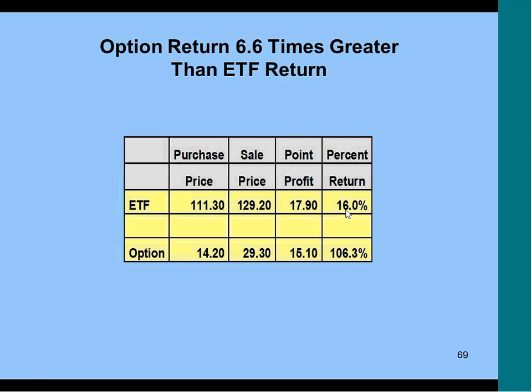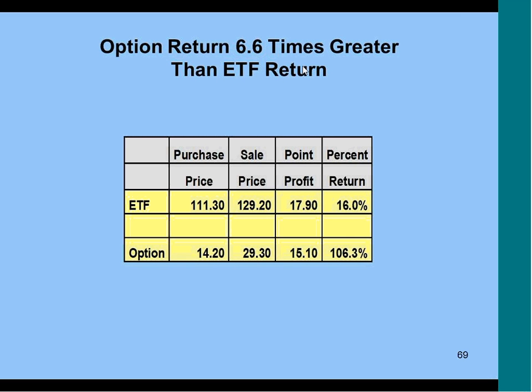So the leverage the option provided was about 6.6 times the leverage that you would get from owning the ETF. This is just an example of the leverage that options provide. Of course, that can work both ways. If the ETF goes down, then you're going to have a much larger loss than owning the ETF. So it works both ways, but if you can time it right, you can get a good return using options because they're leveraged.